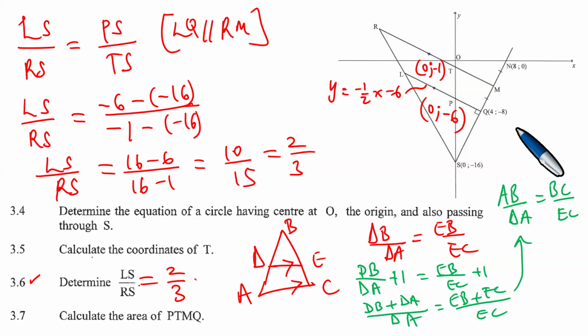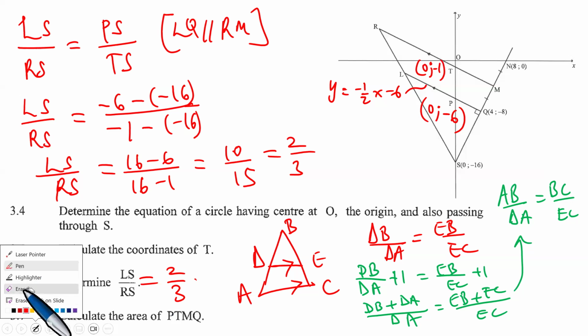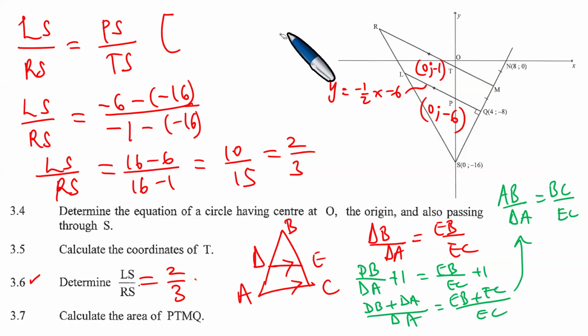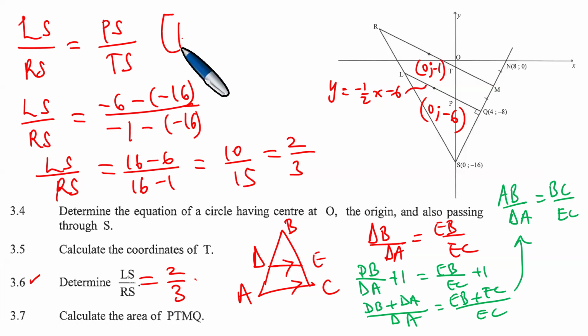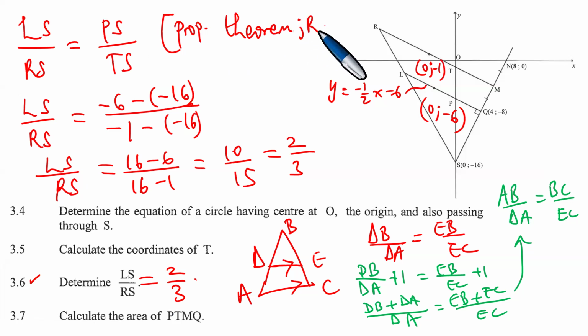So in other words, here you can write more comprehensively as follows and say you have the proportionality theorem, because you have that RM is parallel to LP.